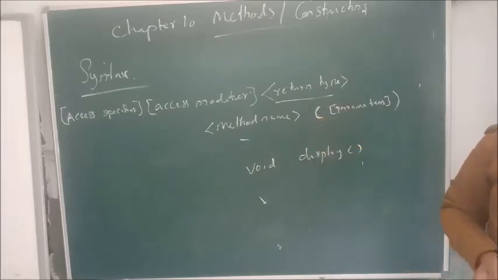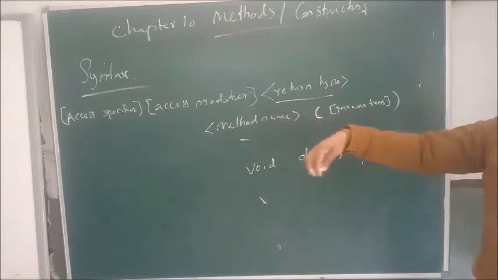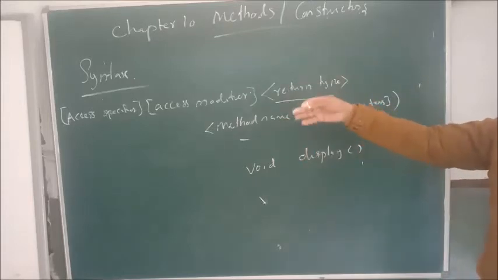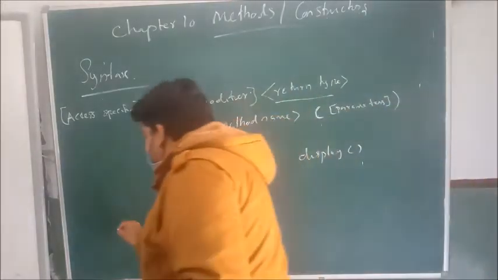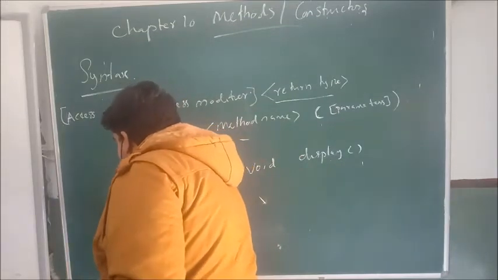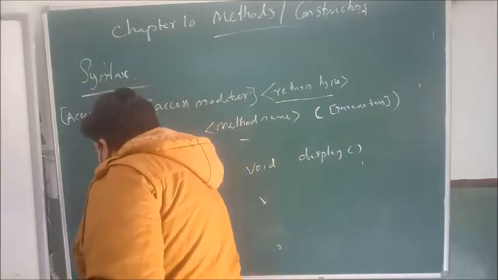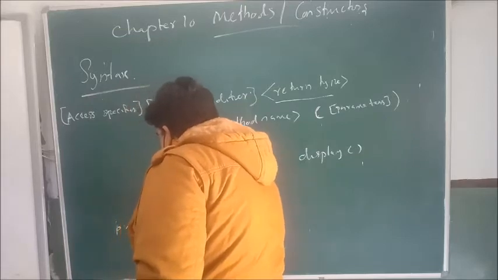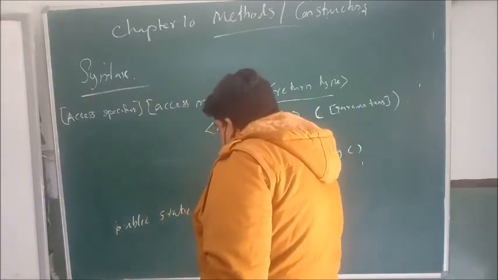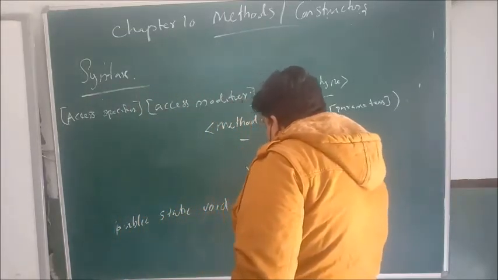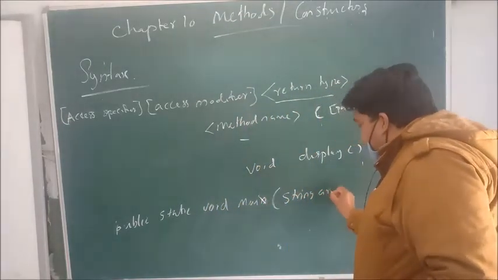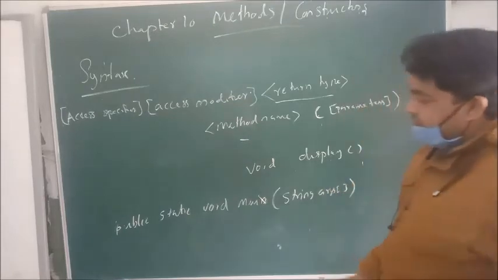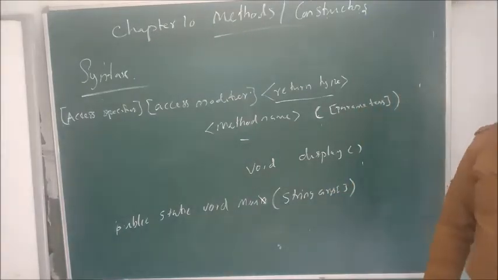Whenever I want to know the syntax of method creation, I always refer to the main method, how we create it: public static void main, then the String array parameter. You are learning it and you also follow the same, right?